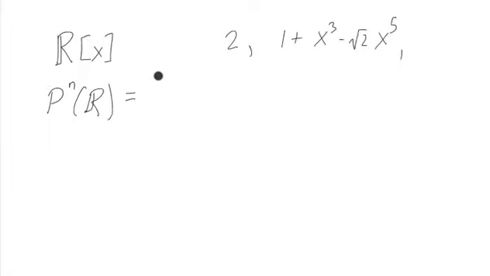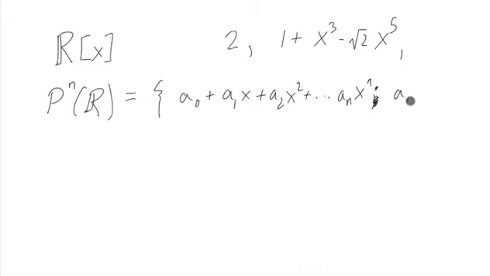So in particular, we could write this set as all polynomials a naught plus a1x plus a2x squared all the way up to a n x to the n, such that a naught, a1, etc. to a n are all real numbers.